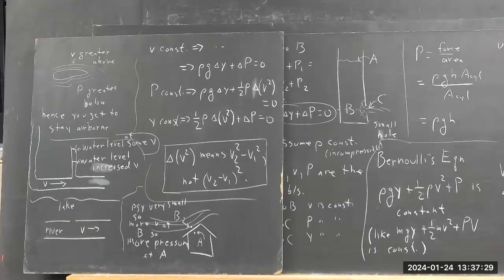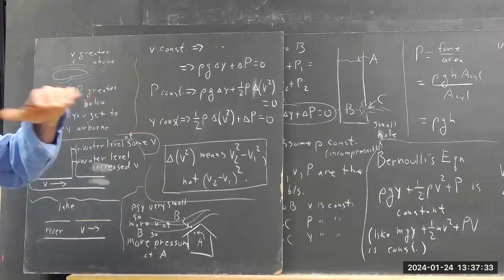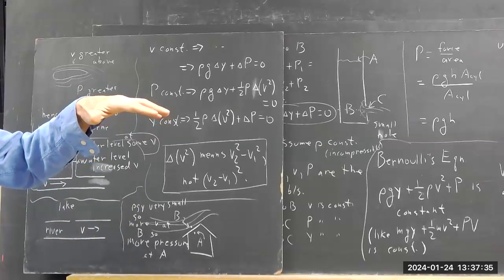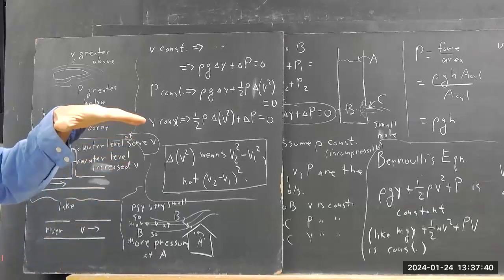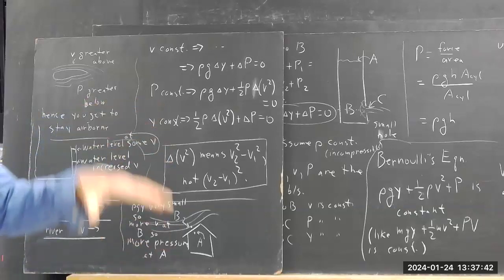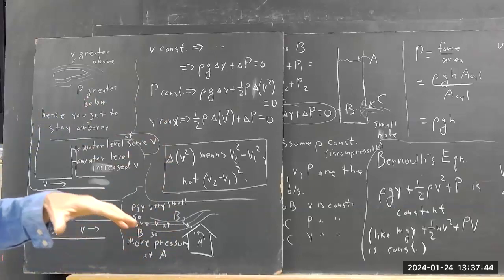Now, both the river and the lake are exposed to the atmosphere, so at least at the surface, they're at equal pressures, right? And if their water levels are pretty much the same, then you don't have much pressure difference at any depth.